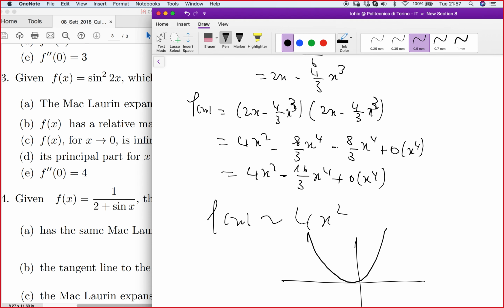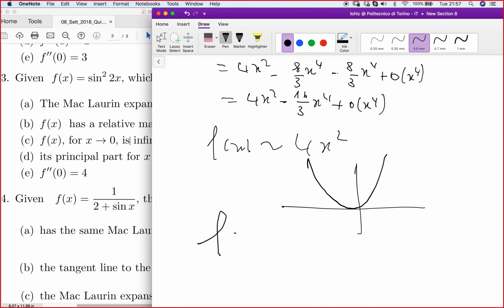We can see that f of x is equivalent to 4x squared, right? So this is an infinitesimal of order 2. Is that clear? The order of the polynomial that approximates the function is 2.